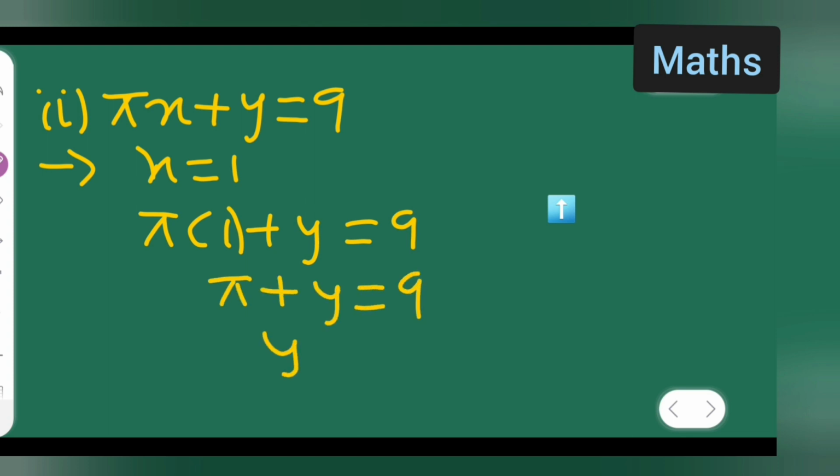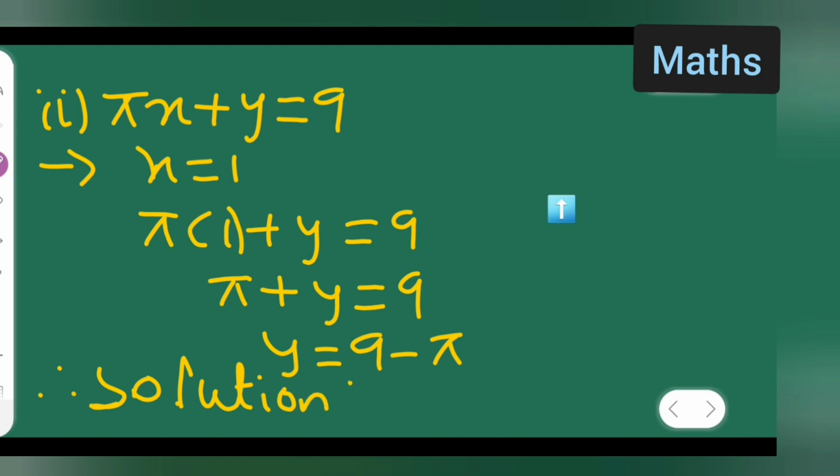So y is equal to 9 minus pi. Therefore, the solution is x is equal to 1 and y is equal to 9 minus pi.